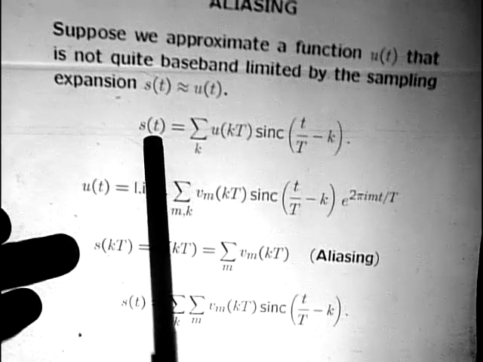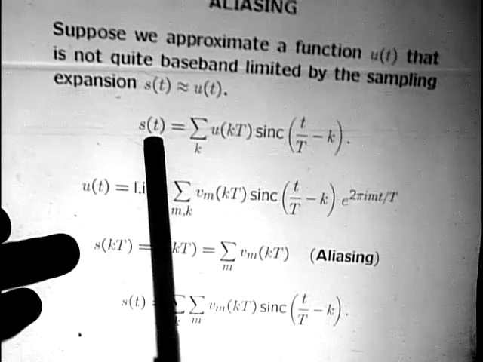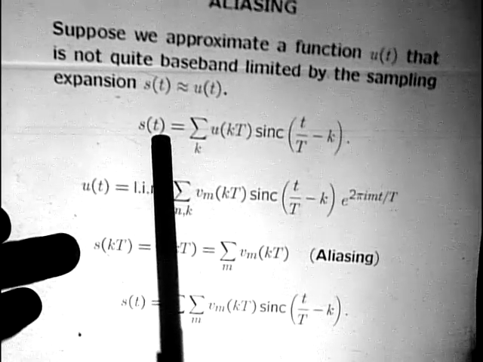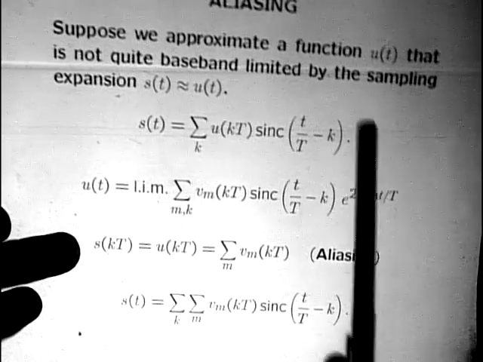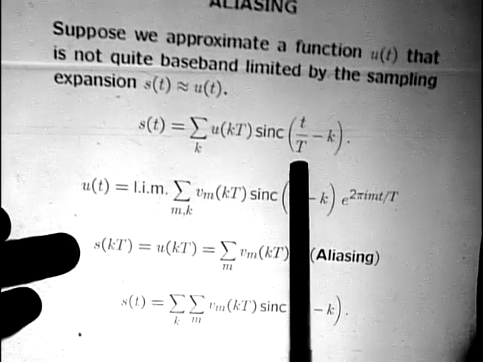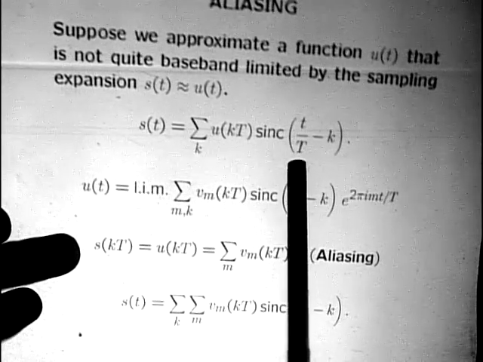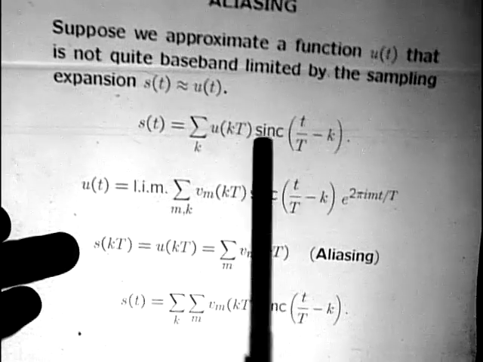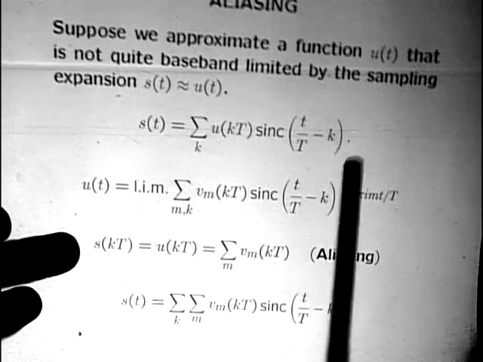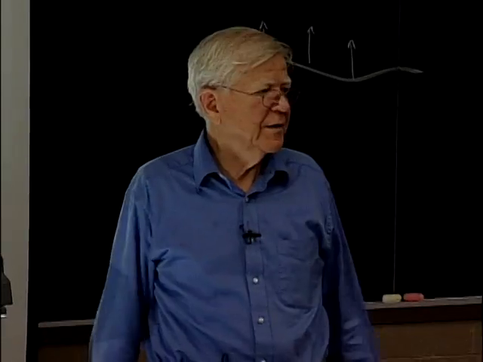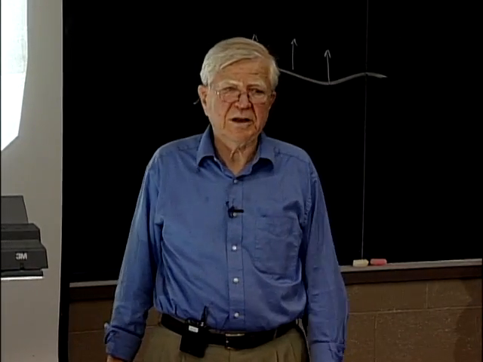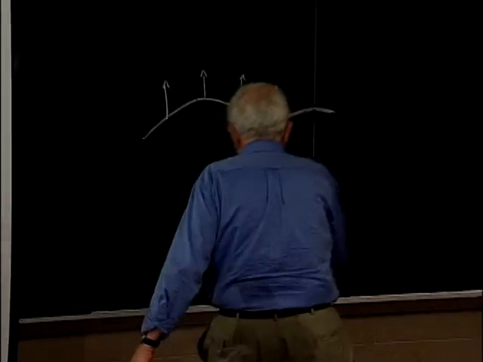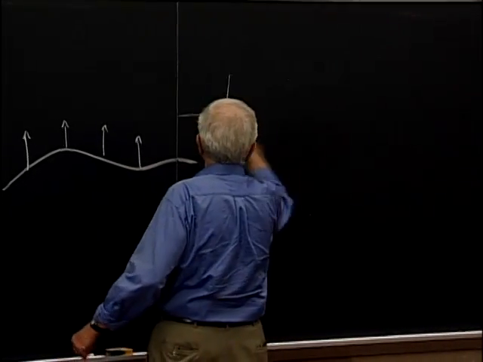You put in any old time, which is some integer j times capital T, and you look at this expression here, and the sinc function is only non-zero when jT over T is 0. If you take the sinc function of an integer, it's 0 unless the integer is 0. Okay, the sinc function goes through 0 at every integer point except for 0 itself, where it's equal to 1. That's the thing which makes the sinc function nice.